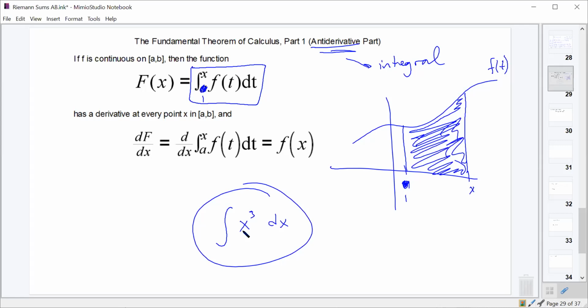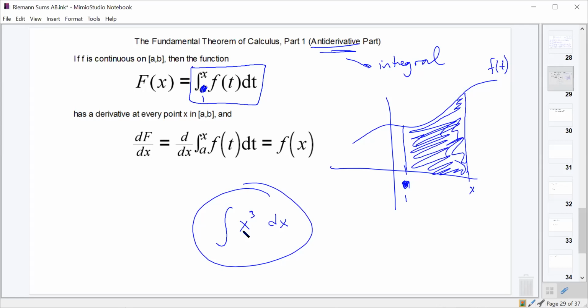And if the function crosses through the x-axis, the pieces that are below will come out as negative, and the pieces that are above will come out as positive, and they'll sort of cancel each other out. But for now, we're not going to worry about the distinction between area and the integral itself. We're just going to worry about the value of the integral until we get into our unit about area.